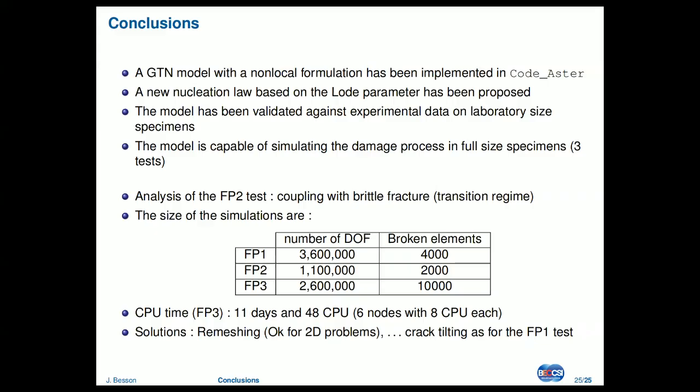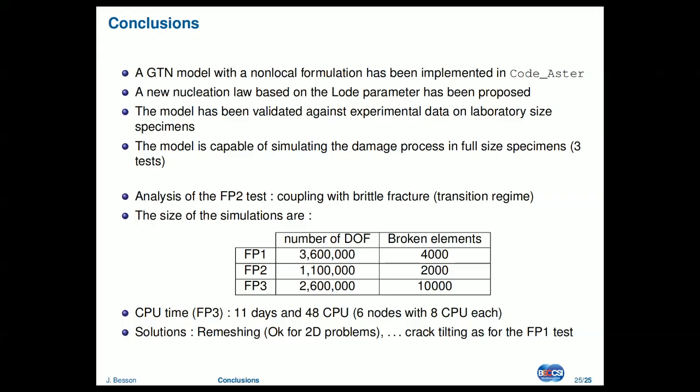That's interesting because here we are right in the transitional region where you have first ductile crack extension and then brittle fracture. The main point is that this simulation is fairly large. In the small table here, you have the number of total degrees of freedom. It's between 1 and 3.5 million degrees of freedom.